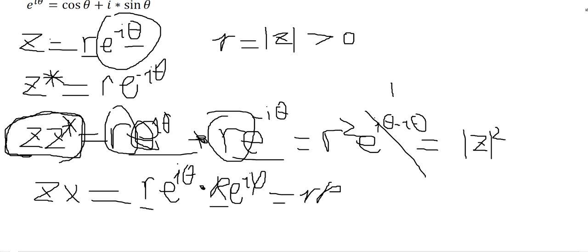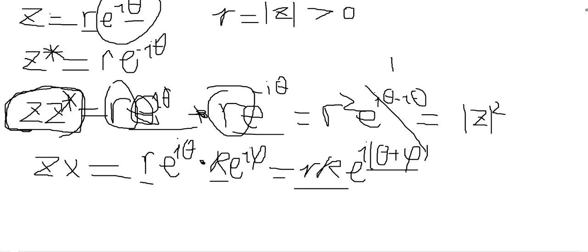So it's r times big R and e to the i theta times e to the i phi, which is e to the i (theta plus phi). So as you see, if you multiply two complex numbers, you multiply the moduli and add the arguments.